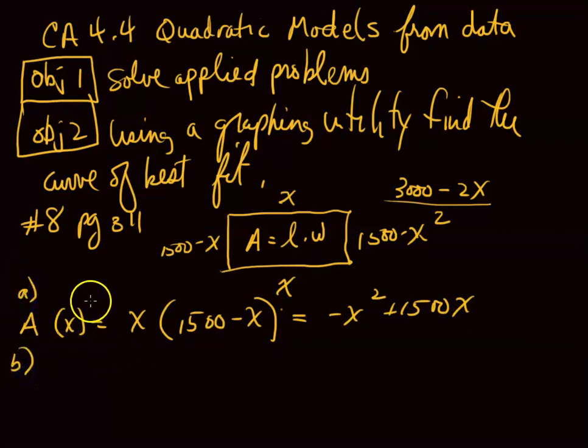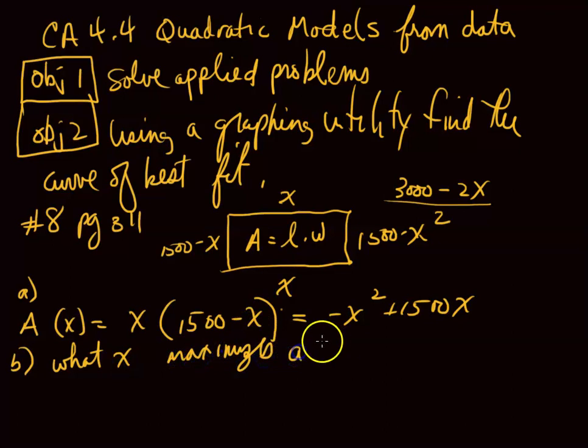Part B, what x maximizes A? Well, the area, not the little a. So if we look at that, remember, a maximum or a minimum occurs at the vertex.